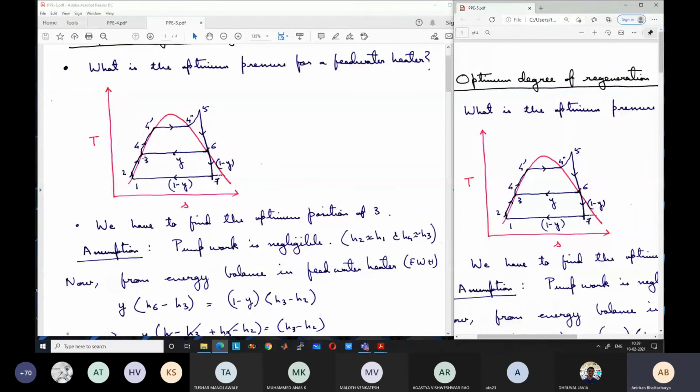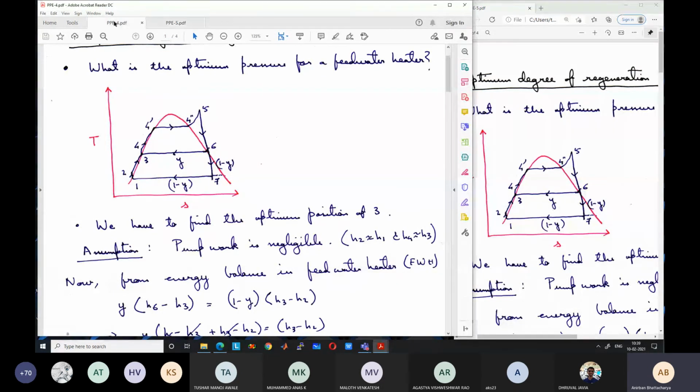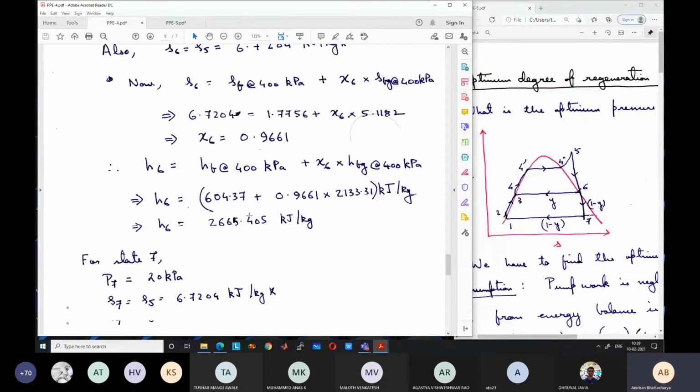We know that this is a very reasonable assumption because we have seen that the work input to the pump is much less as compared to the work output from the turbine, less than 1%. Even in the previous problem that we tried, you will see that the work output from the turbine was quite large.